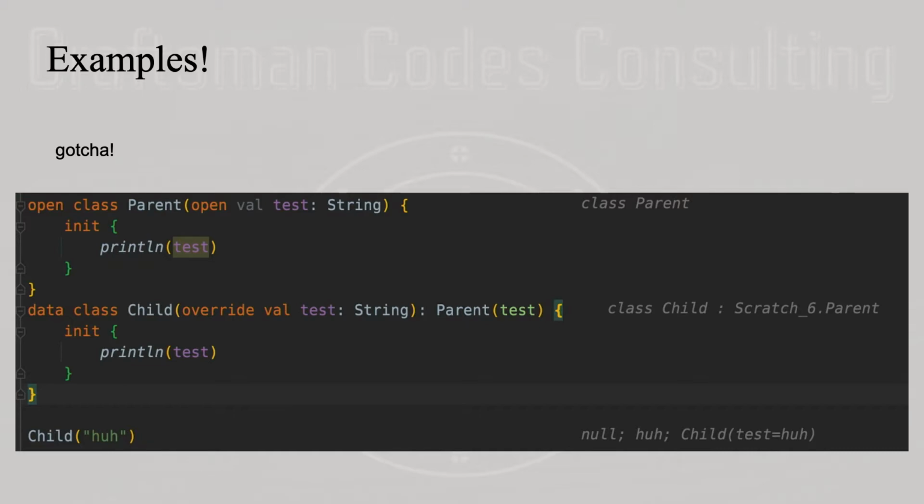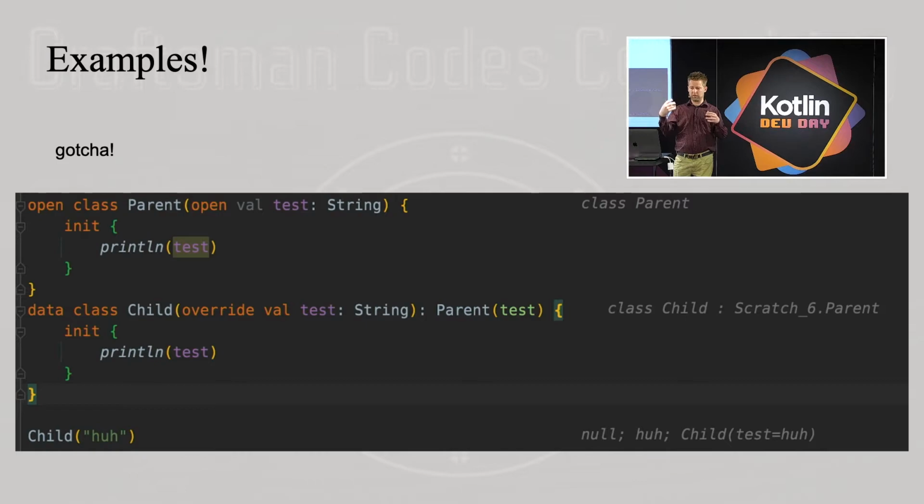This is an example where I make an inheritance tree, and luckily IntelliJ warns you about this, but I got this question a while back where one says, okay, I created this parent thing, it takes a parameter in the constructor, and then in the init I print the value, and then I override it, and I do the same there in the construction of the child. I also do the same thing. How come the first print line gives a value and the second one gives null as an answer?